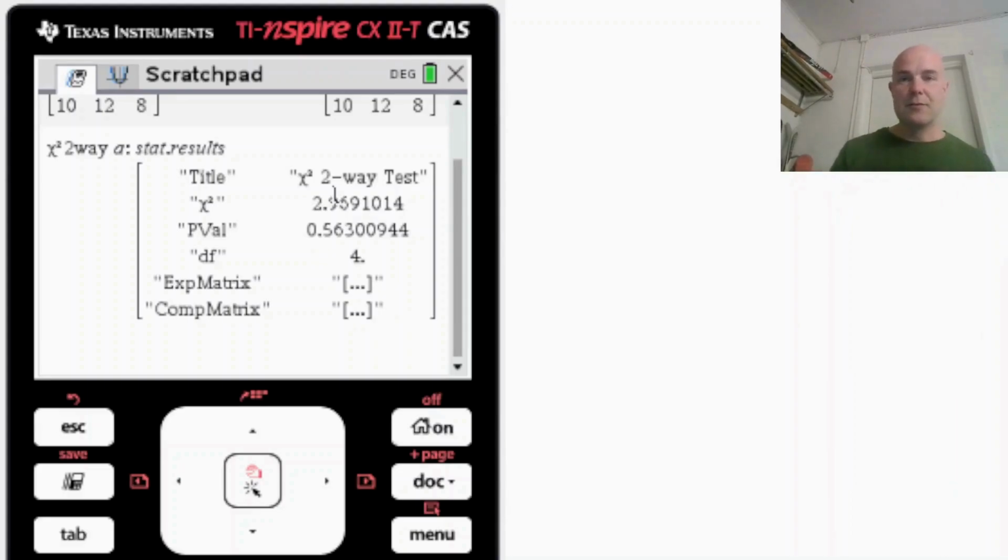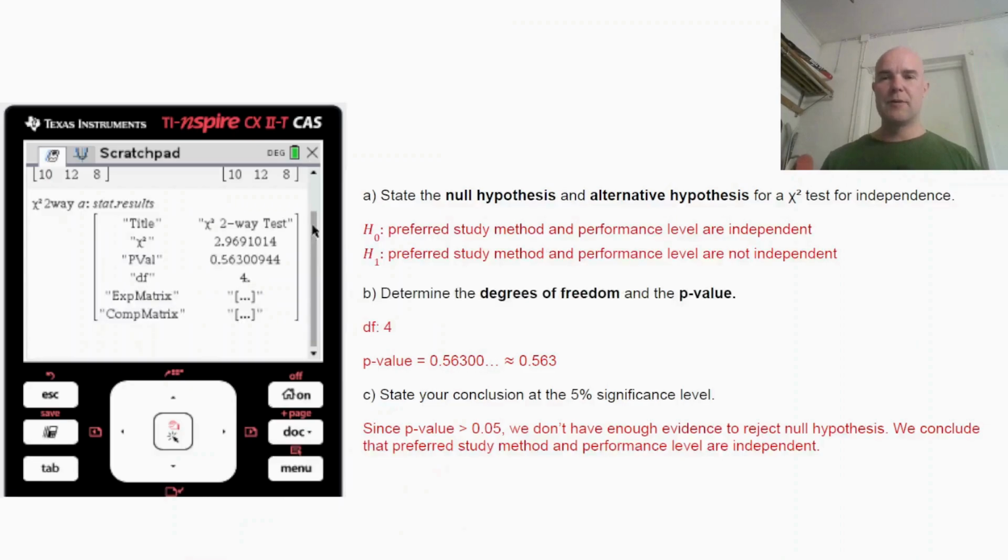So now let's look at how we answer our question using the values we get from our calculator. Here are our answers from the calculator. First of all, the null hypothesis and alternative hypothesis are always done the same way in the chi-square test for independence.